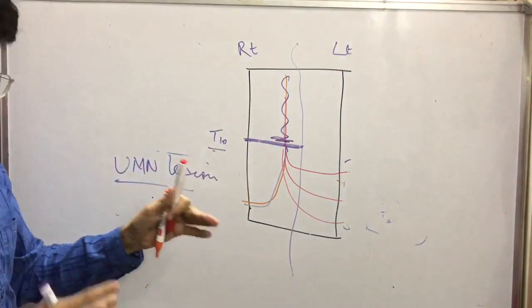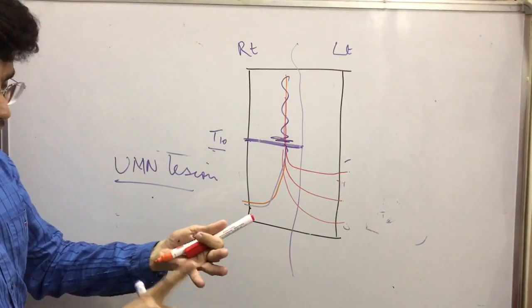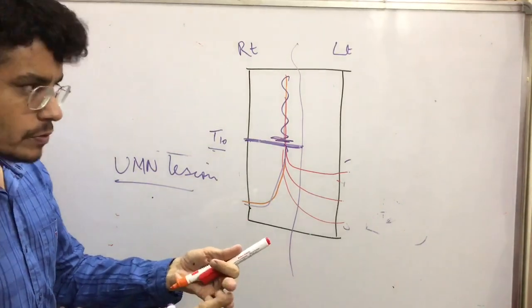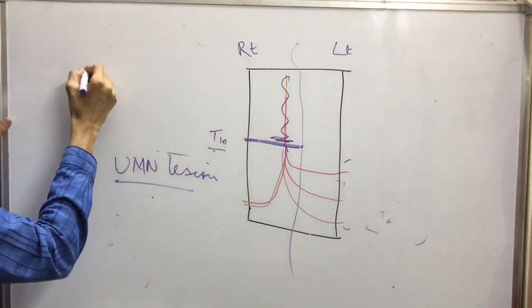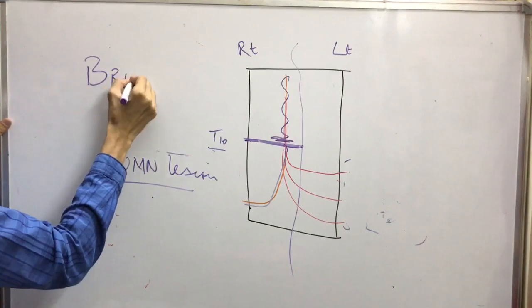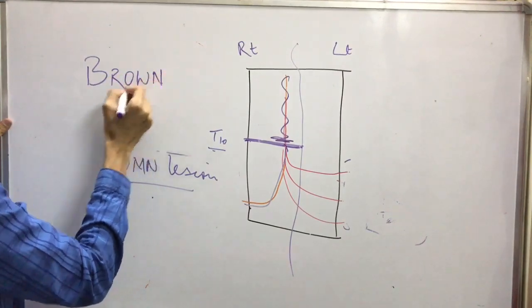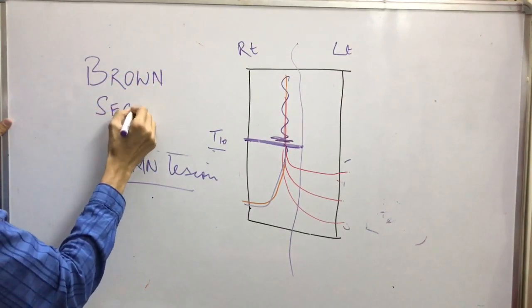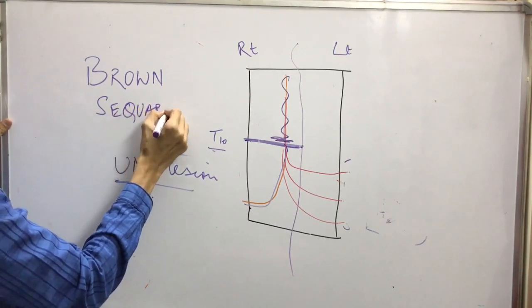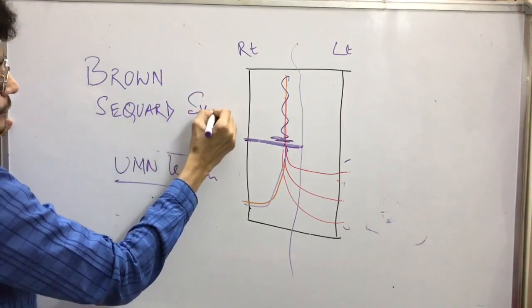All this collection of symptoms, sensory loss as well as motor loss, is called Brown-Sequard syndrome.